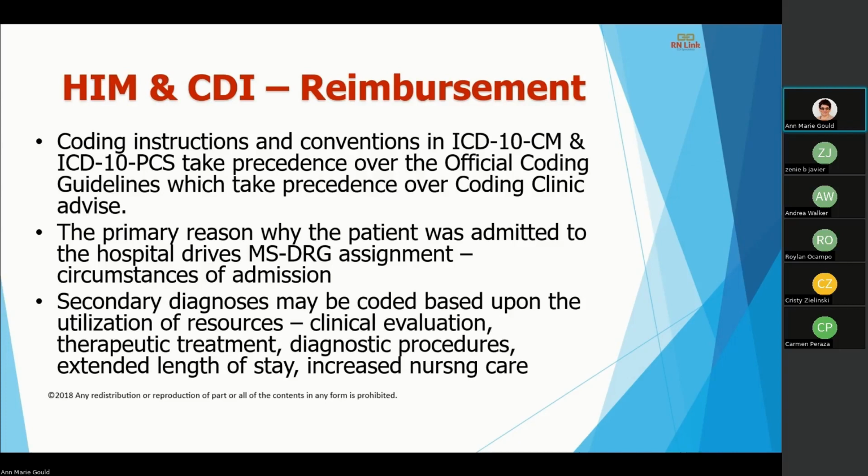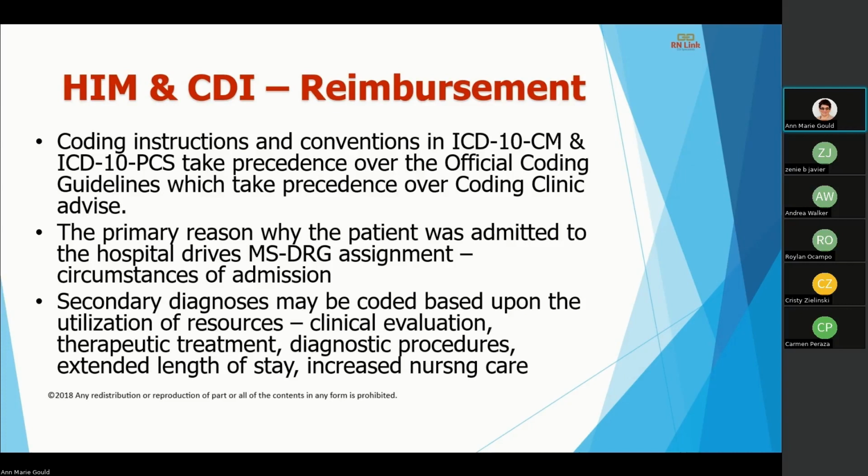Your code books take precedence, then your official coding guidelines are second, and then Coding Clinic advice is third. The primary reason why the patient was admitted to the hospital drives our MS-DRG, right? That's what we said: circumstances of admission, or what I always call what bought the bed.